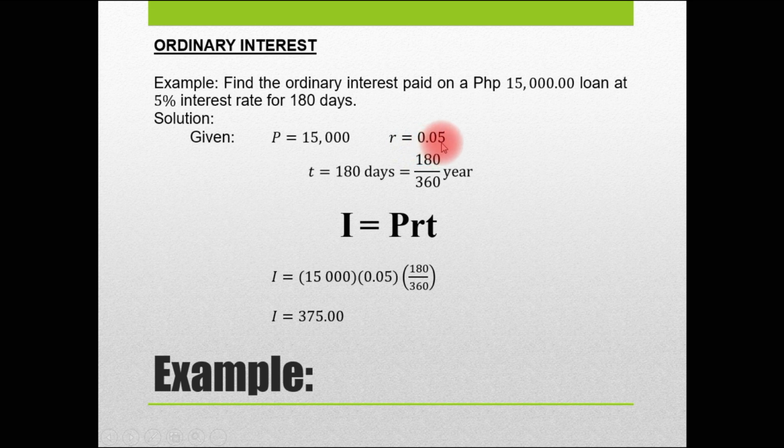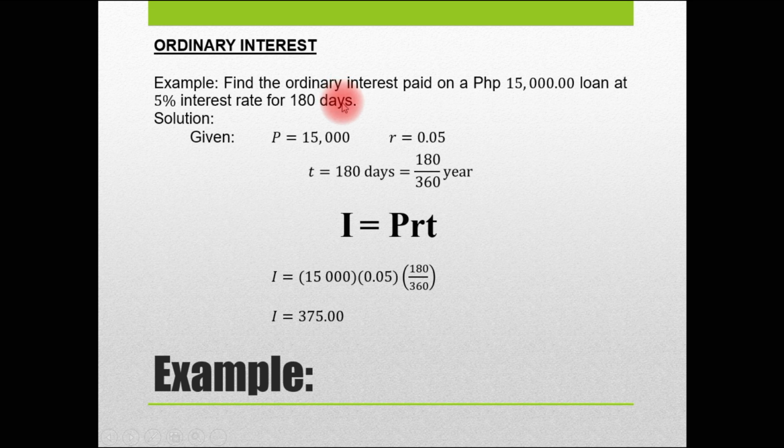We have 0.05. And for time, again, ang binigay sa atin ay 180 days. And dapat expressed siya in year. So, ang gagawin natin dyan, since this is ordinary interest, i-over lang natin siya sa 360. Palaging ganyan, pag ordinary interest, 180 over 360. 180 is yung given sa problem. Yung 360 is yung days in a year sa ordinary interest.